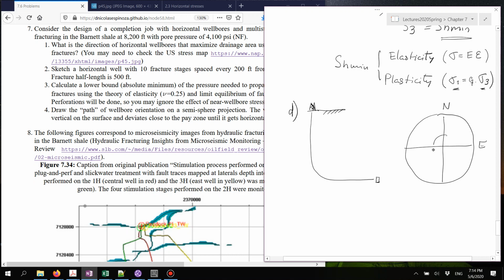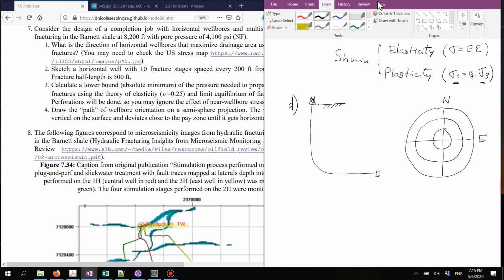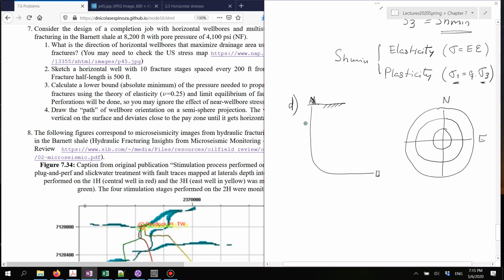I encourage you, if you don't remember this, to check the notes about deviated wellbores, and you will see that you can map each section of the wellbore. Let's say if I grab this location from here to there, I can map that in the stereonet.